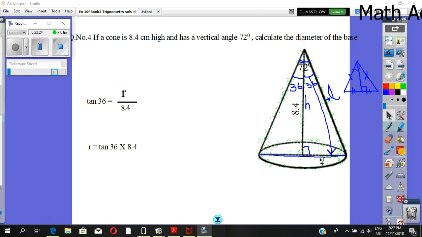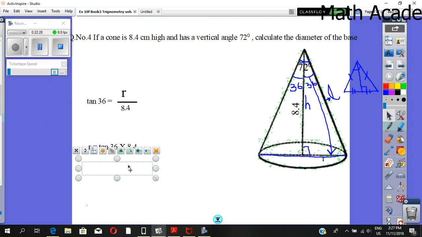It means here we have the radius is 6.24.